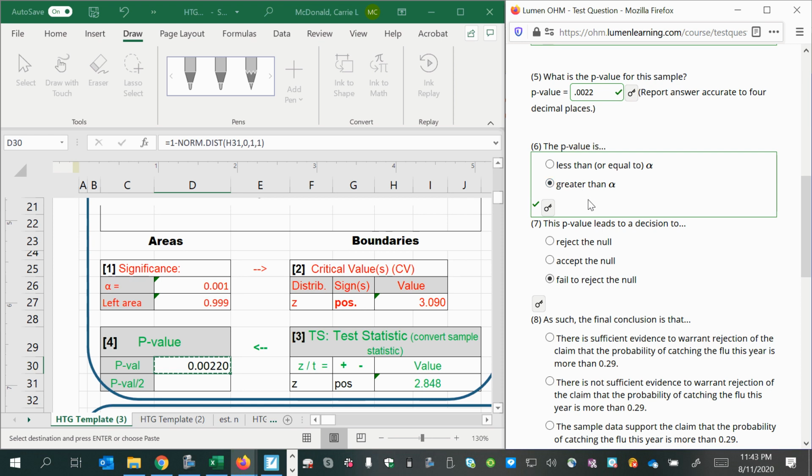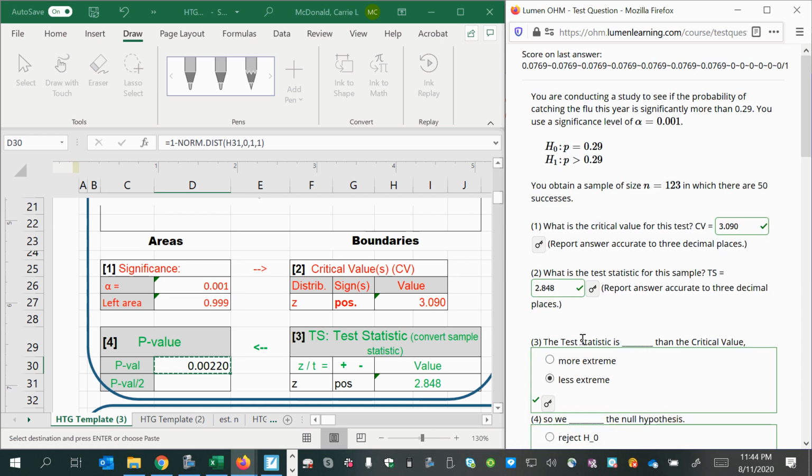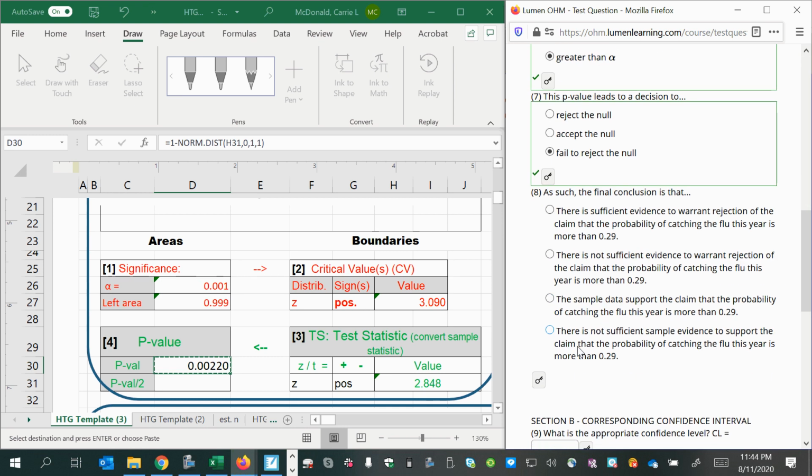The probability of getting this sample statistic by chance is too high for us to reject the null hypothesis. So if the p-value is low, the null must go. If the p-value is high, the null will fly, meaning you only reject it if your p-value is smaller than alpha. So we fail to reject the null hypothesis.